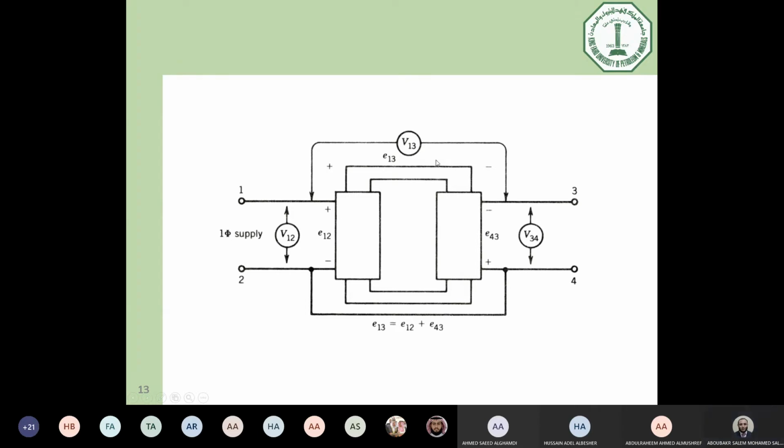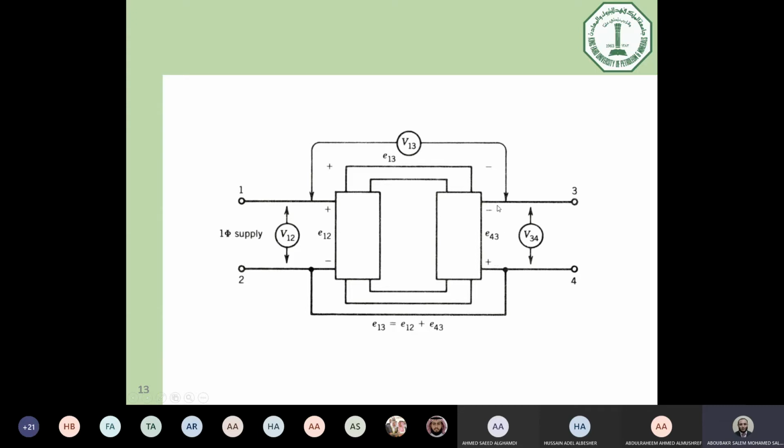Now, if the reading of this voltmeter equals the summation of the other 2 voltmeters, this means that point 1 is identical to point 4. Why? If you apply Kirchhoff's voltage law, you can find that this terminal is positive, this is negative, and when you move in the same direction, you will find positive, negative.